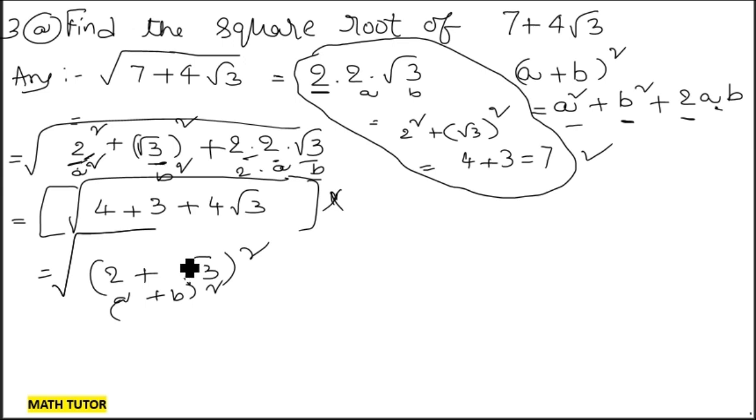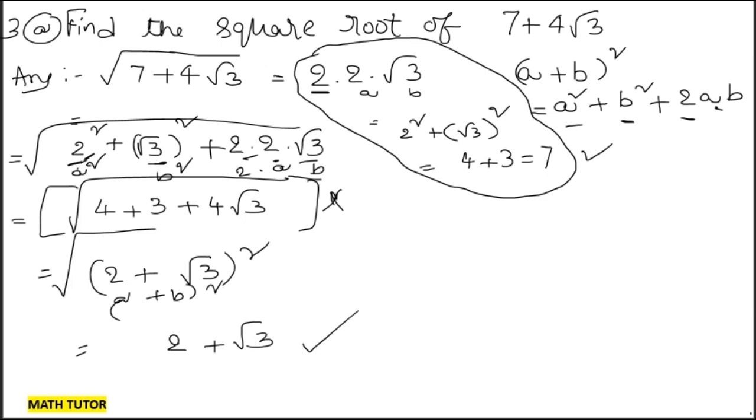We have the square root, so this square root and the square will get cancelled. You will get 2 plus root 3. So what is the square root of 7 plus 4 root 3? 2 plus root 3. This is the answer. Take a minute to look at how we solved it. It is very easy, kids.